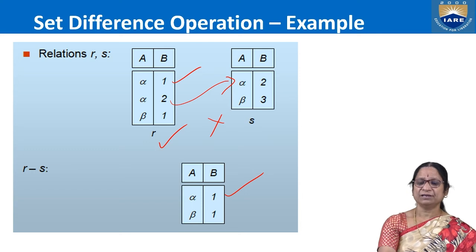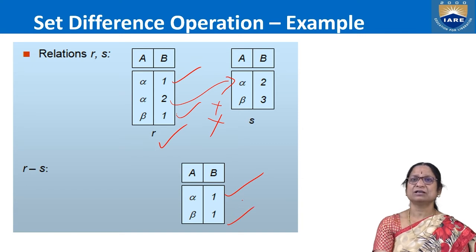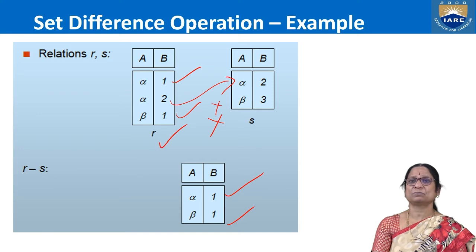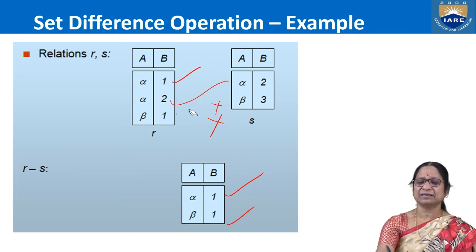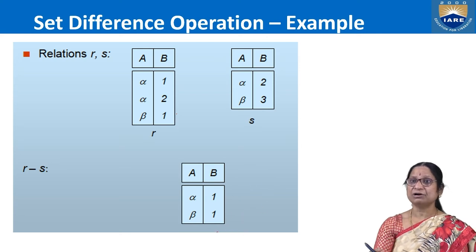Beta 1 is in R but not in S, so beta 1 is included. That's all. The tuples of relation R are exhausted, so we stop. So these two tuples, alpha 1 and beta 1, are in R but not in S.